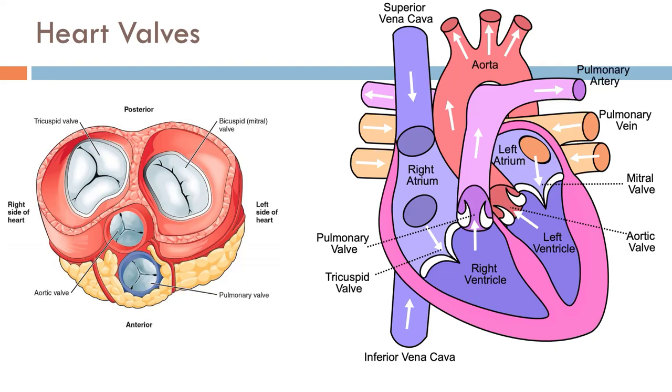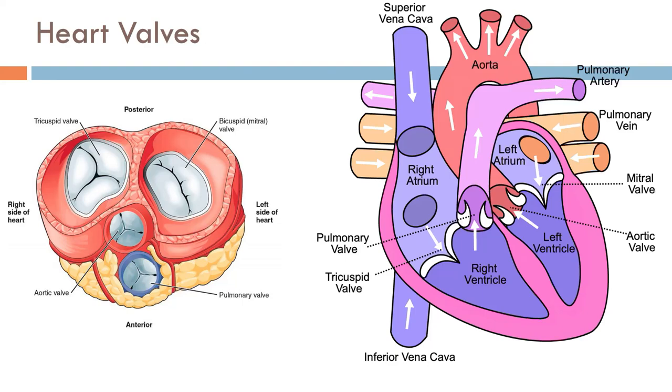It comes back from the lungs via the pulmonary veins. How many pulmonary veins do we have? Four, correct. Oxygenated or deoxygenated? Oxygenated, into the left atrium, through the mitral valve into the left ventricle, and then up through the aortic semilunar valve into the aorta.